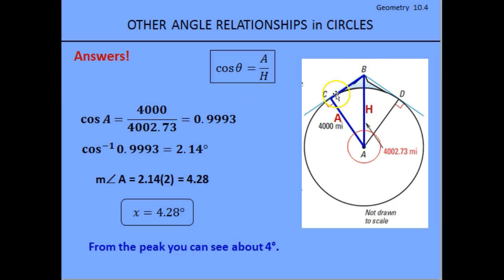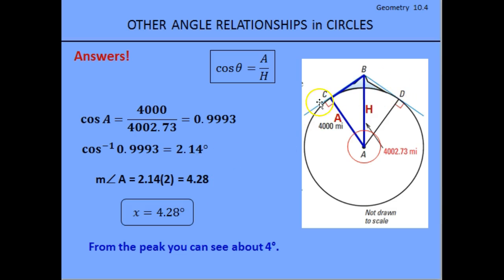So we still need to find angle CBD, or what we are going to see from here, so it would be this arc, but we don't have to use this particular angle. We could use angle A. If we do that, we will need cosine, which is the adjacent over the hypotenuse, and you do it the same way you do the other one, and you end up with this angle being 2.14 degrees.